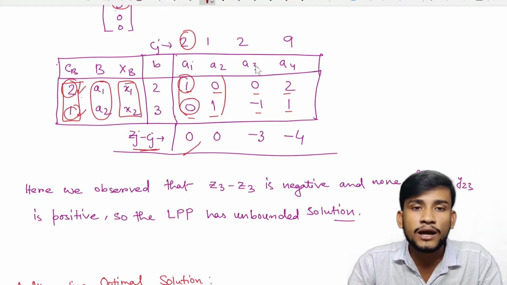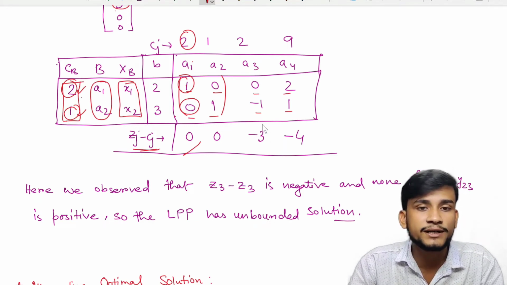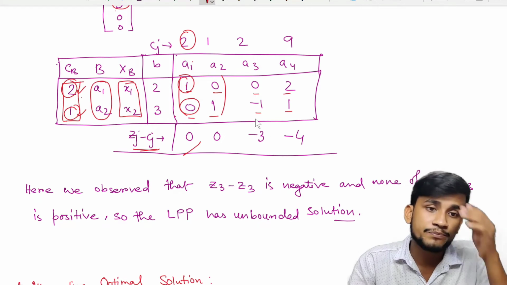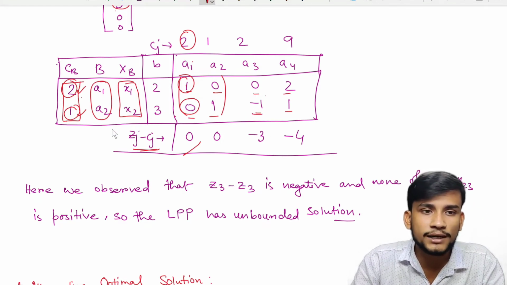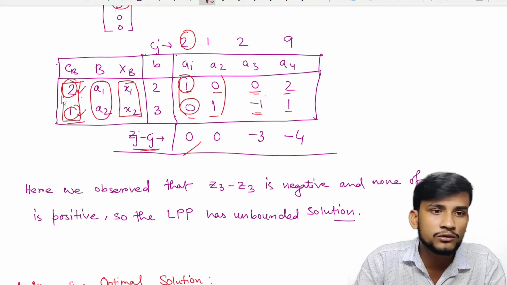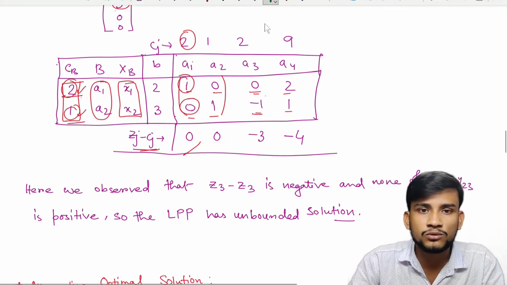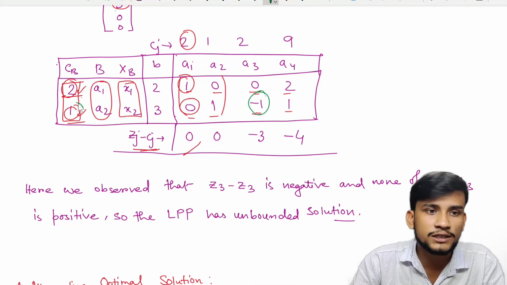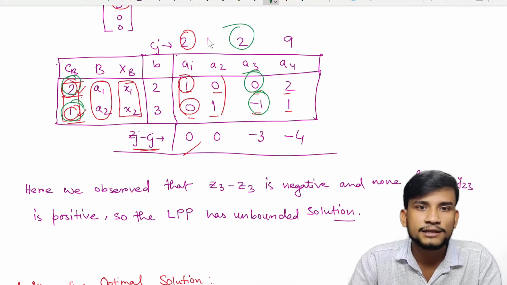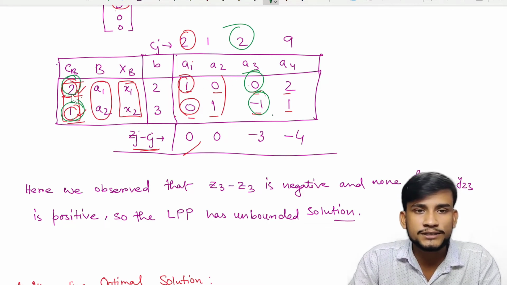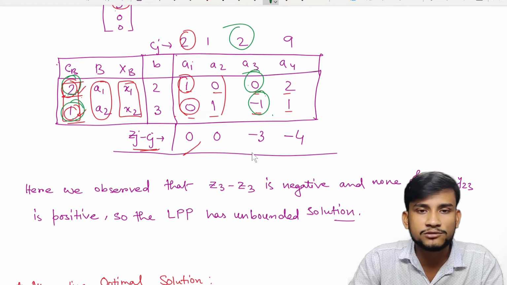Now we calculate z3 minus c3 corresponding to the vector a3, that is 1 into minus 1 plus 1 into 0 minus 2, that is minus 1 minus 2, which gives minus 3.